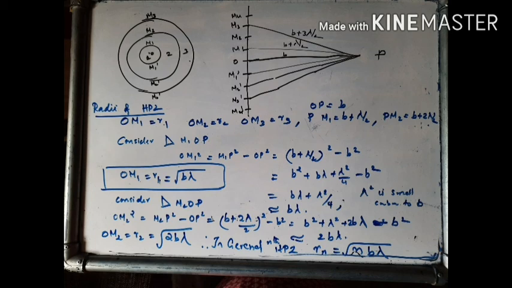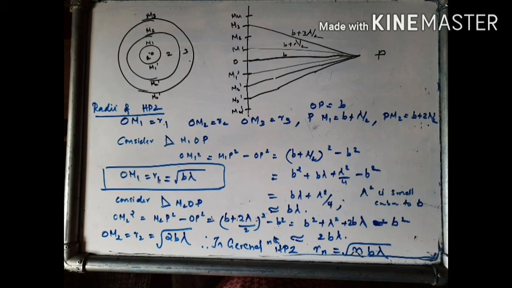If we divide the plane wavefront into two halves, upper half and lower half, there will be half period zones in the upper half as well as the lower half. Considering the radii of the half period zones, we put OM1 as R1, OM2 as R2, OM3 as R3, etc. And you know that OP is b, PM1 is equal to b plus lambda by 2, PM2 is equal to b plus 2 lambda by 2, etc.